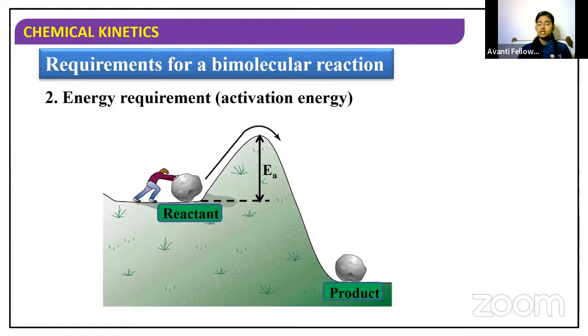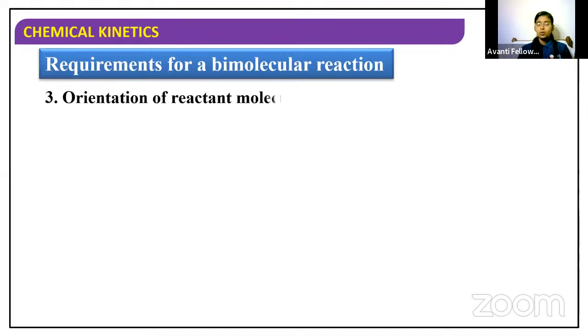If a reactant has to get converted into a product, then some amount of energy is needed to activate that reactant. We call that the energy of activation or activation energy. Only then can a reactant be converted into a product. And third is the orientation of reactant molecules.